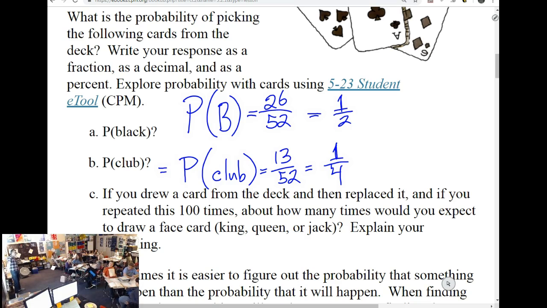They do not talk about aces. So, did we get through this problem with our group? Here's my advice. First, determine the probability of a face card, and then use that to say how many out of 100 we would expect. I'll give you another minute or two to work through that.